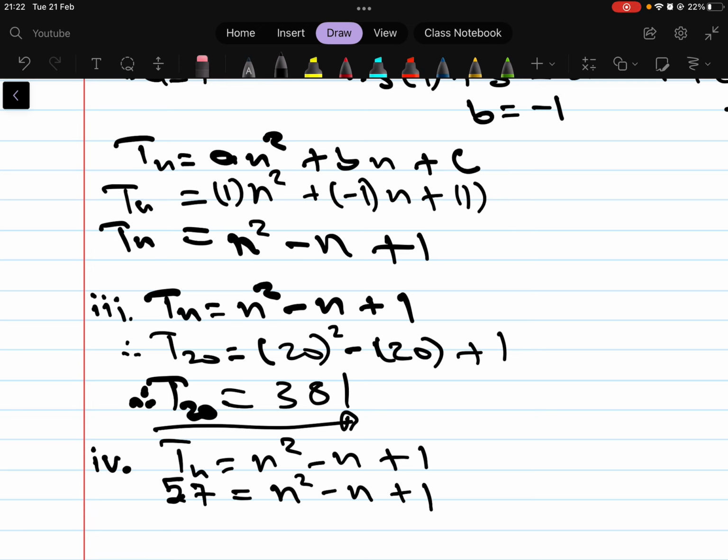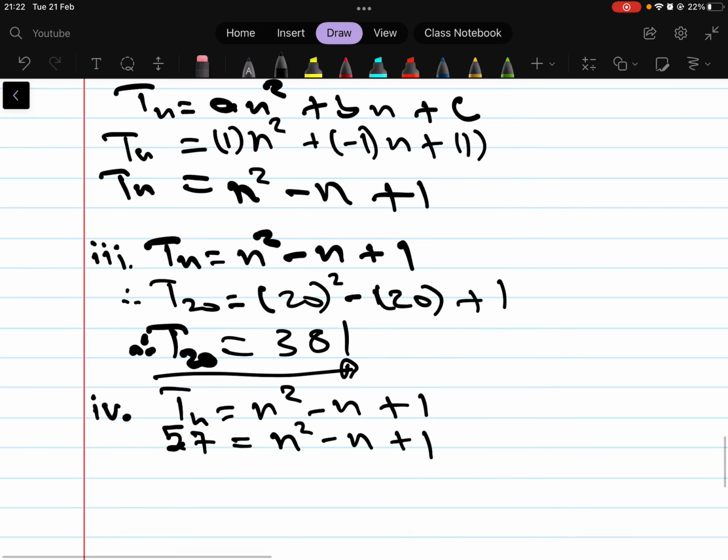Plus 1. Here, this is where I mention something which I didn't mention in the first video. N can never be negative because it's the position. So I'm mentioning it now. No need for me to be killed for that. So we continue. 57. We're just simplifying this now to try to solve for n.